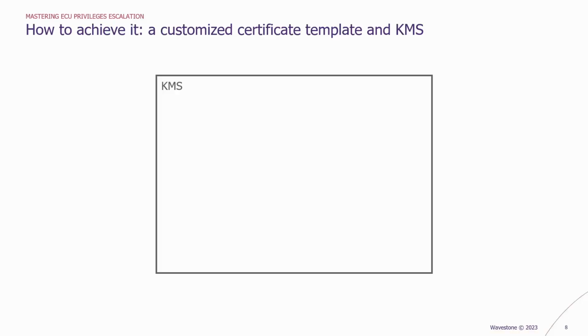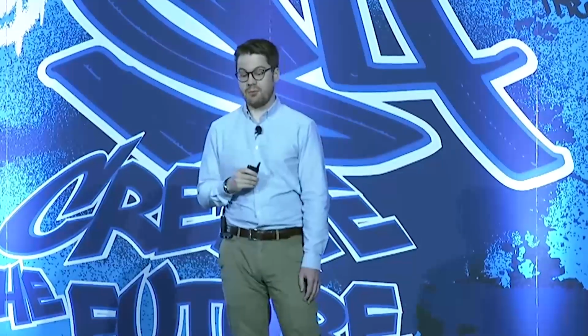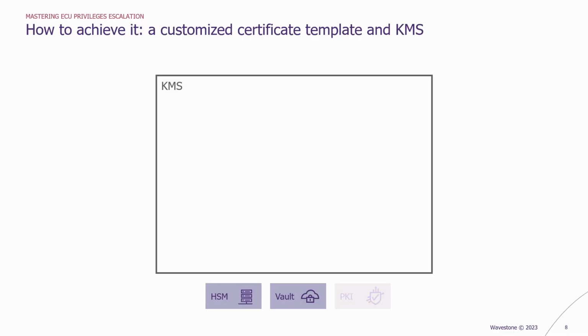So now let's dive a bit into what my client and myself are actually implementing to do so, the key management system. And then I will dive a bit into the customized certificate template we need to do so. I mentioned it, my key management system is relying on the existing cryptography bricks that exist in the field that you can buy: HSM, vaults, PKI.